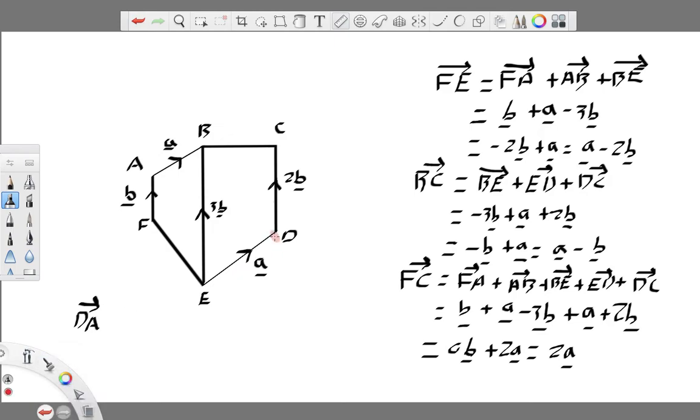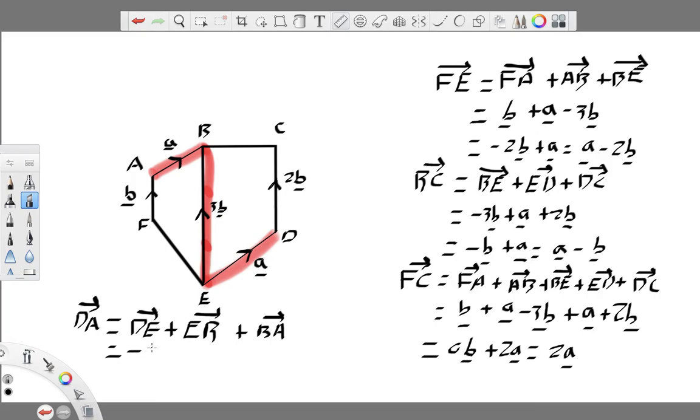Well, that's D to E to B, and then B to A. So D to E plus E to B plus B to A. Well, D to E, that'll be minus A, because E to D was A, so going in reverse is minus.